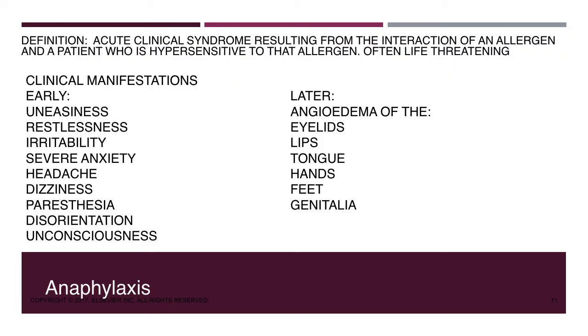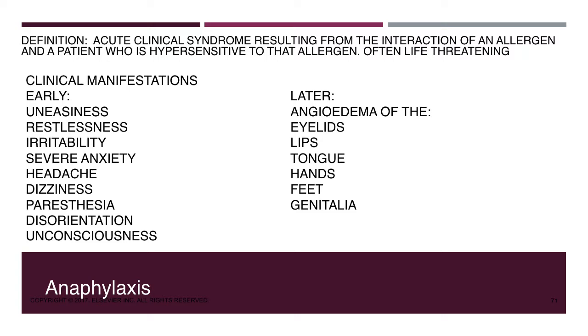Anaphylaxis. The definition is acute clinical syndrome resulting from the interaction of an allergen and a patient who is hypersensitive to that allergen. This is often life-threatening. The early manifestations are an uneasiness, a restlessness, irritability, severe anxiety, headache, dizziness, paresthesias, disorientation, and unconsciousness.